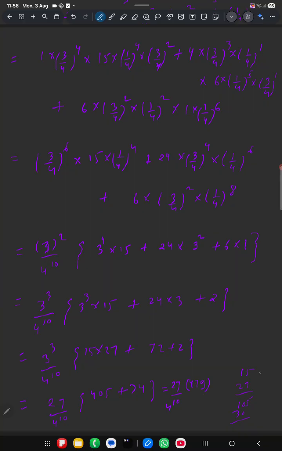If you compare with the given equation in your question, that was 27 k upon 4 power 10, so what is your k? Now you can see from here that the k value will be 479. Therefore k is 479. This is your answer.